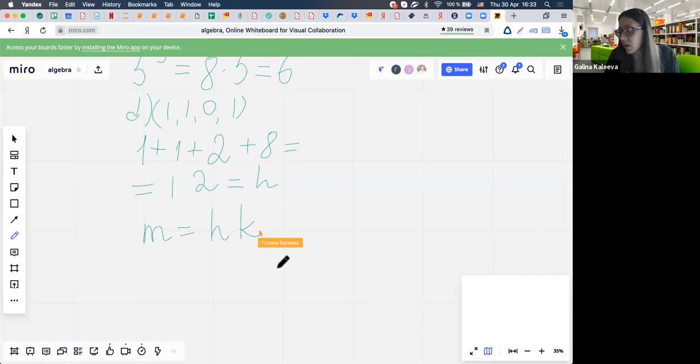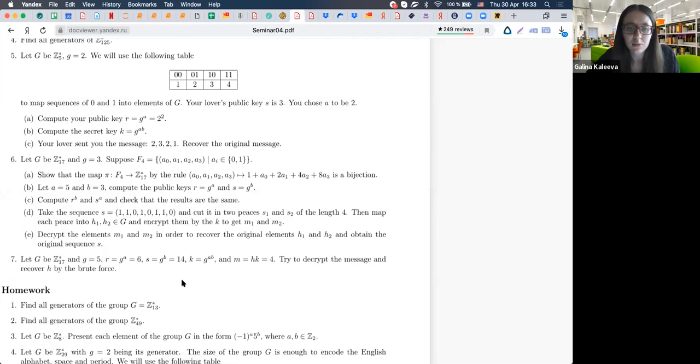So knowing that H is 12 and knowing that the key is 6, we get 12 by 6, which is 72, which is something modulo 17. Okay? So is it clear how to solve this problem?